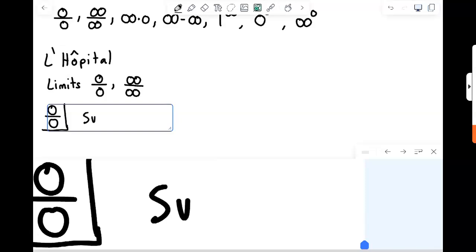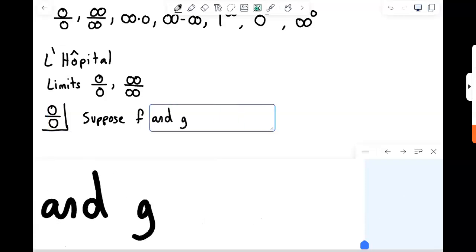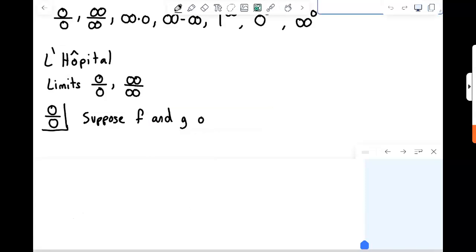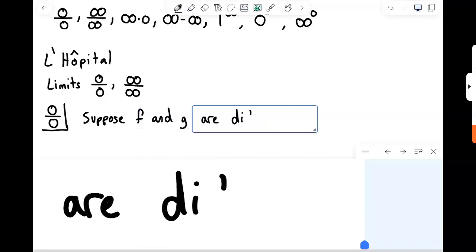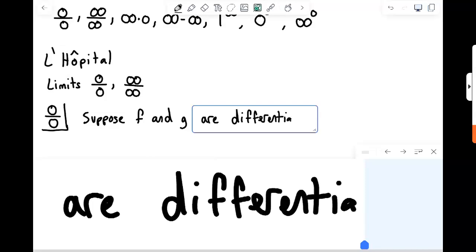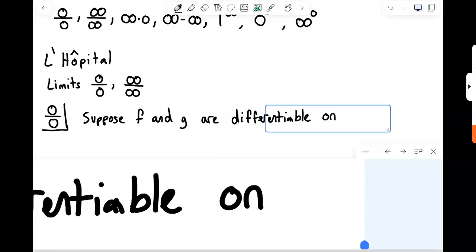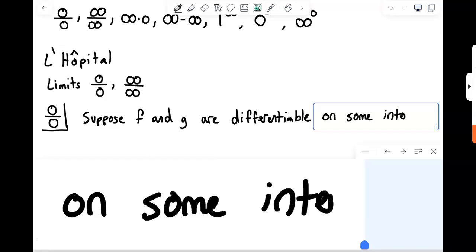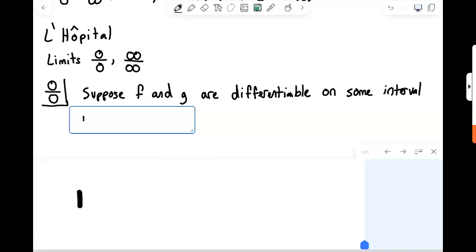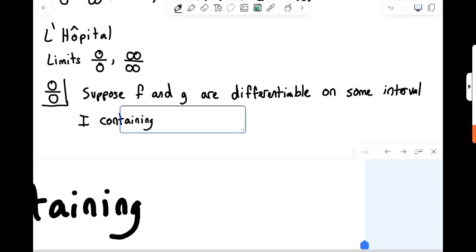It says, suppose f and g are differentiable, so they have derivatives, on some interval I containing our point a.